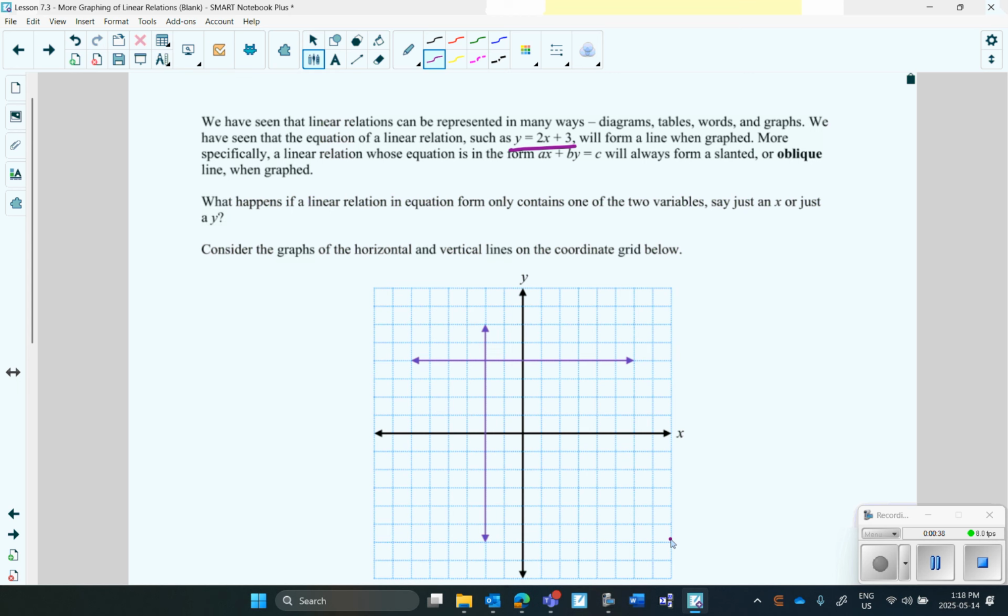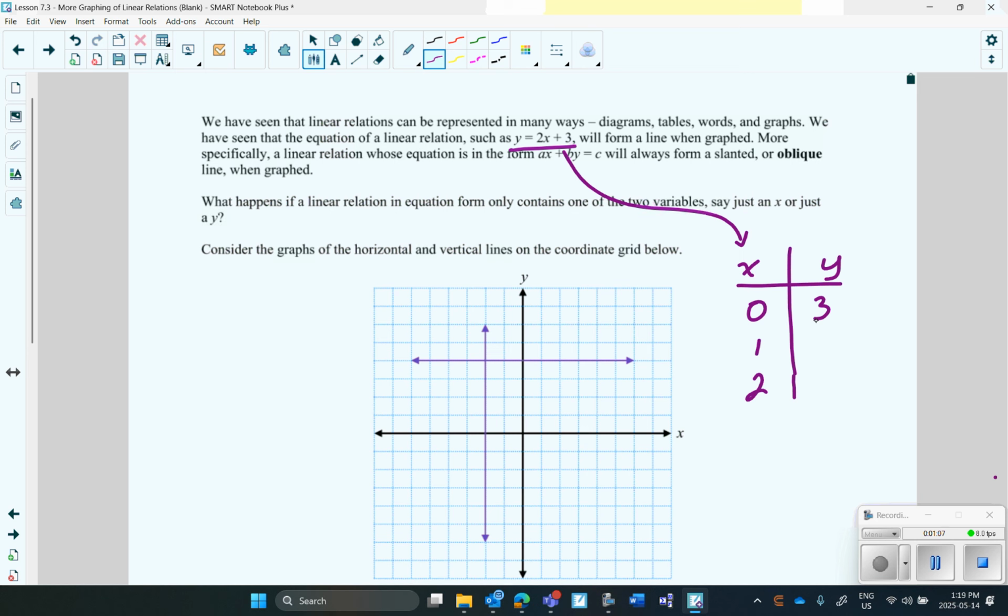So let's say before I move on to these lines, let's say I was asked to graph this. Which values would you choose for x? And if x is 0, and you plug it in, what does y work out to be? 3.